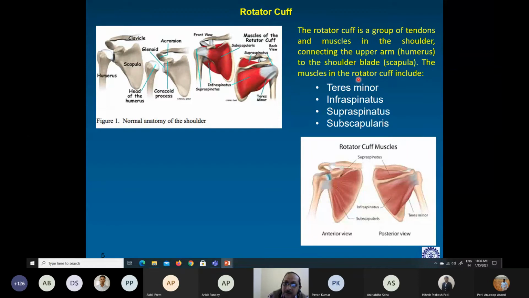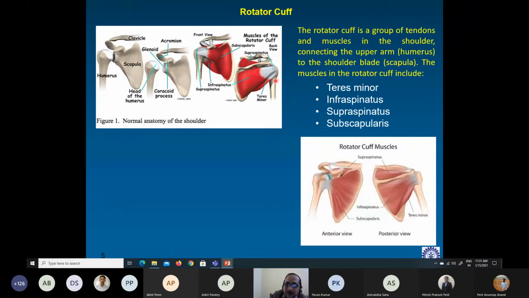So the muscles that constitute the rotator cuff are the teres minor, infraspinatus, supraspinatus, and subscapularis. So these are the 4 muscles that together are called the rotator cuff group of muscles.